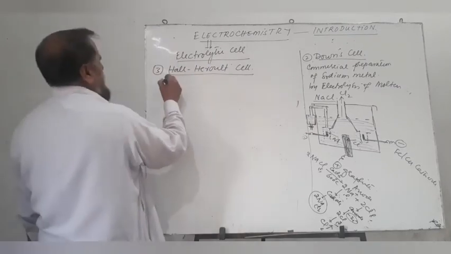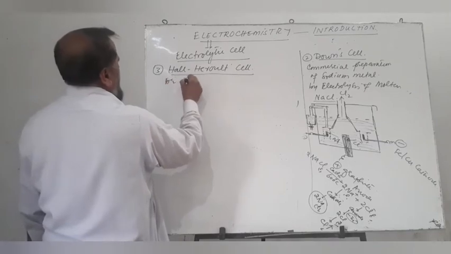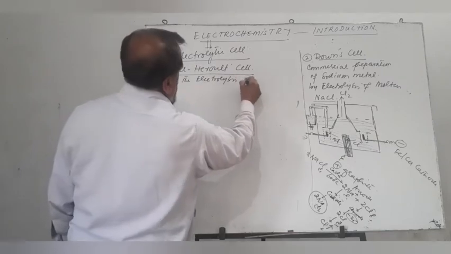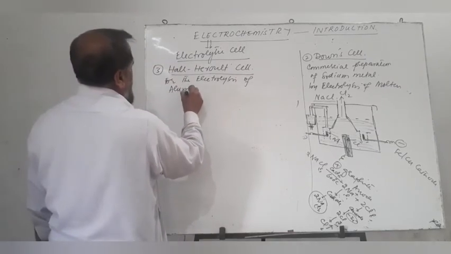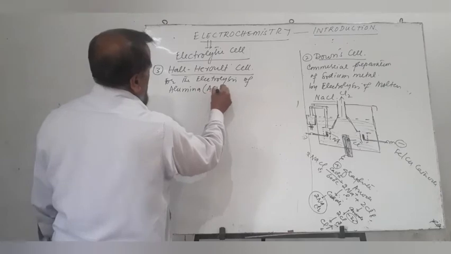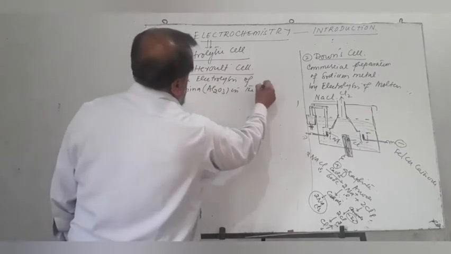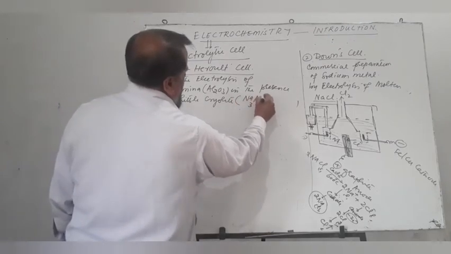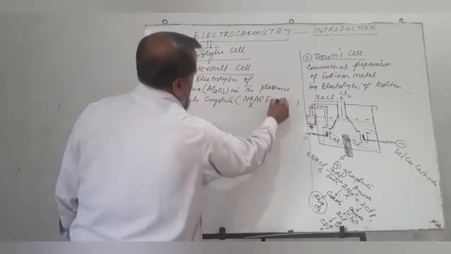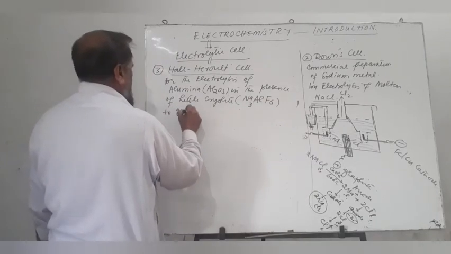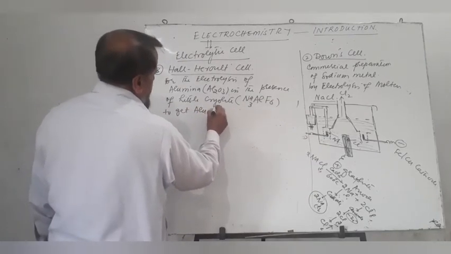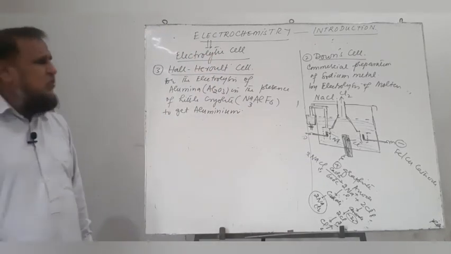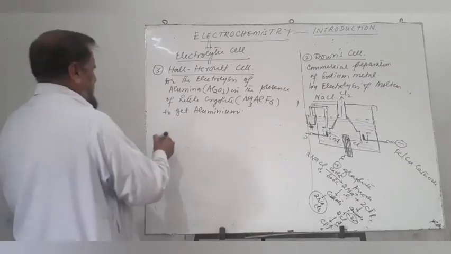This cell is used for the electrolysis of aluminium oxide or alumina, Al2O3, in the presence of a little cryolite, sodium aluminium fluoride, Na3AlF6, to get aluminium. It is one of the steps for the extraction of aluminium by the Hall process.